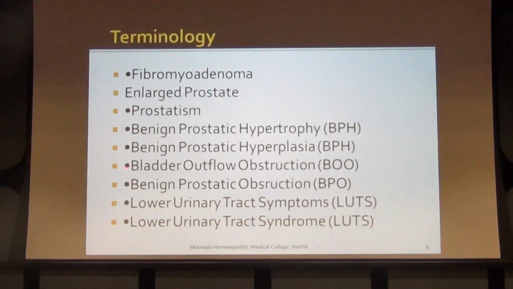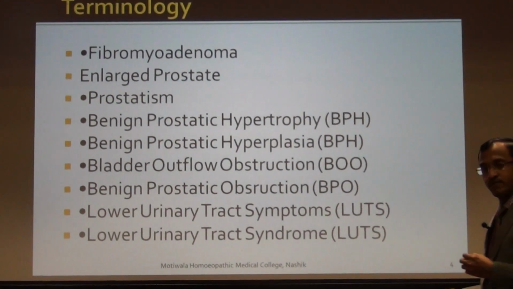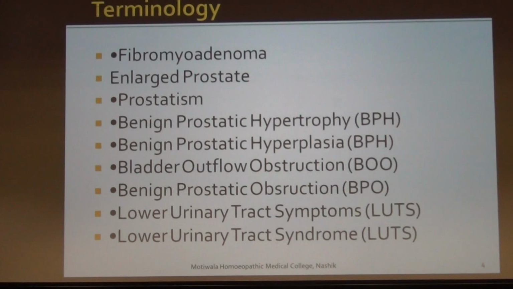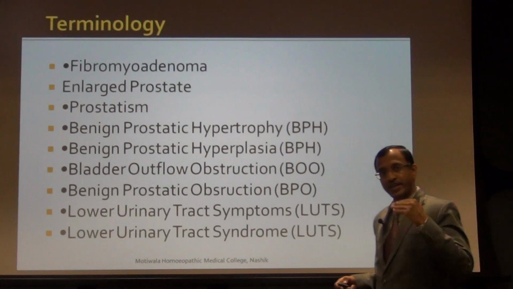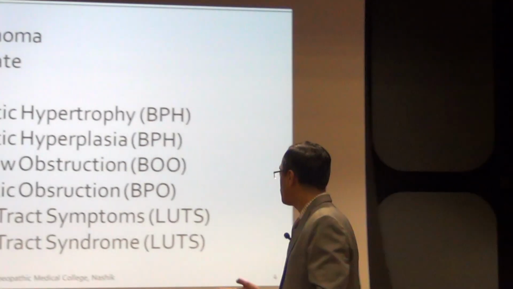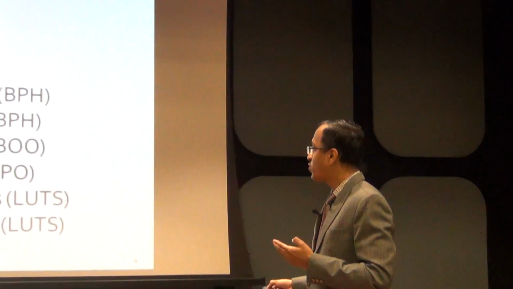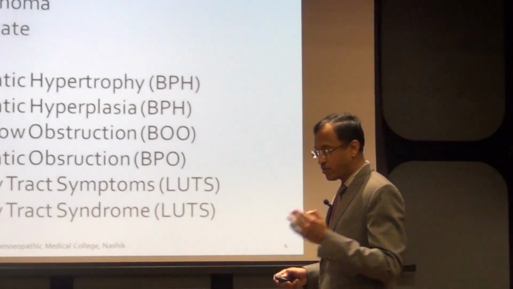It is also called bladder outflow obstruction syndrome and benign prostatic obstruction, or in medical terminology, consultants very commonly use the word LUTS, which refers to lower urinary tract symptoms or lower urinary tract syndrome.